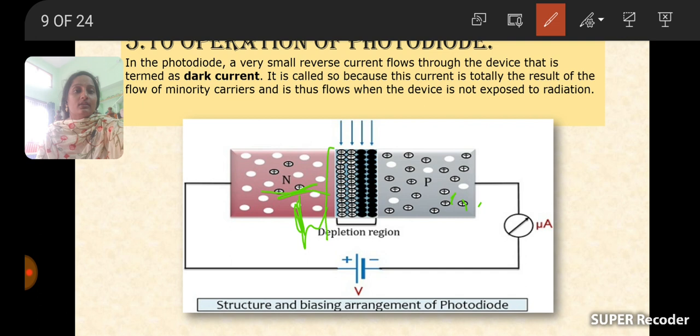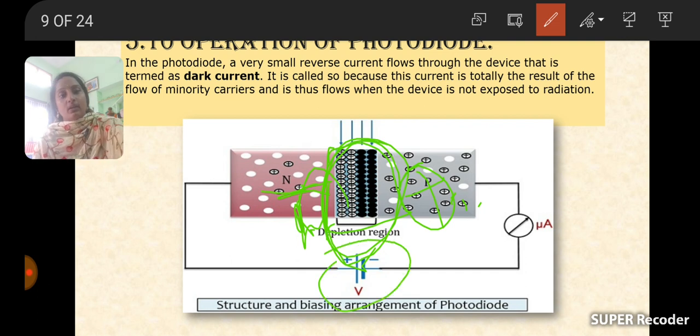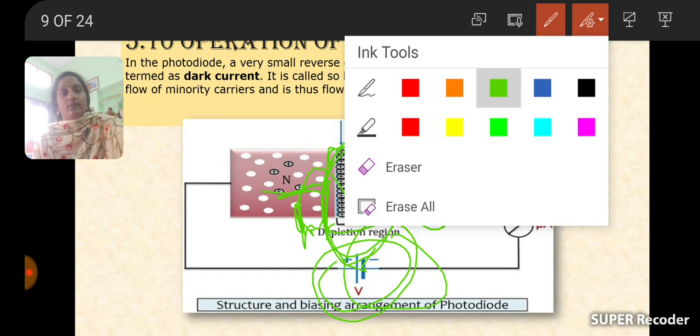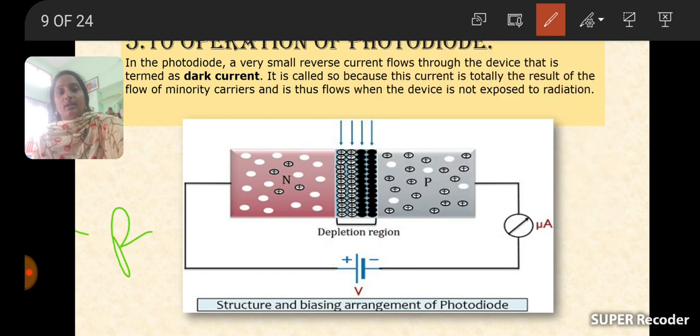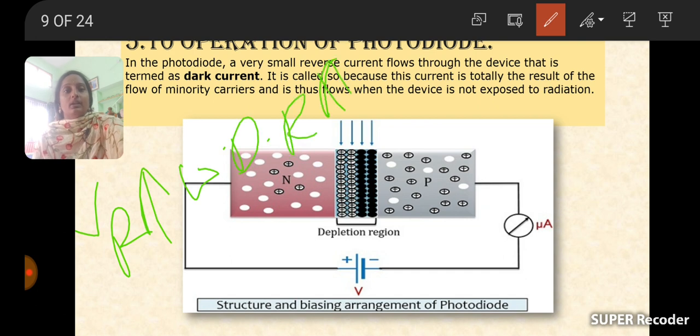After this, the junction is formed by the negative acceptor ions on the N side and positive donor ions on the P side, which form the depletion region. The width of the depletion region is increased by the application of the reverse bias voltage VR. Is it clear?